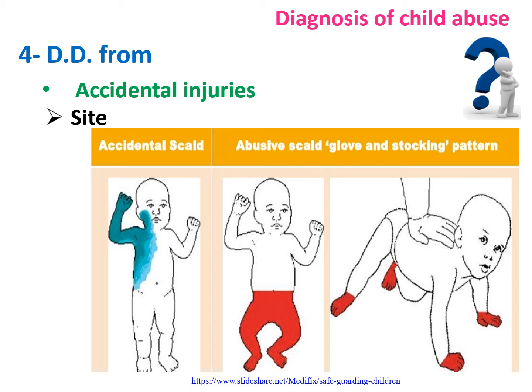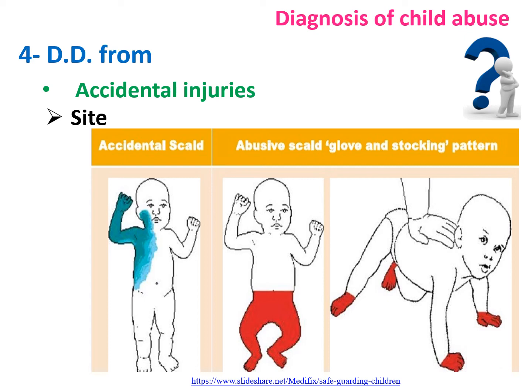So this will lead to scalds on the side of his face, his upper limb, his chest, and the abdomen, and the severity of the burn will decrease as the fluid goes downward because it becomes colder. So this is the pattern of accidental scald.